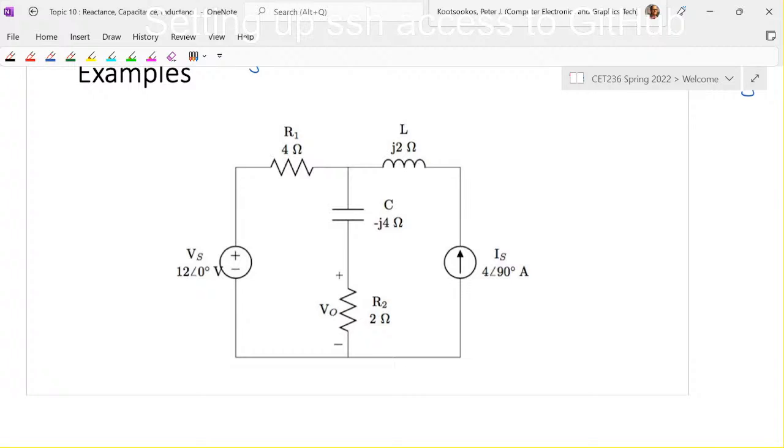So maybe nodal would work. Mesh analysis might also work because we've got a current source and we know that can be problematic with mesh analysis, but it's only touching one of our mesh currents, right? So that means we get a freebie. So maybe mesh analysis could be used.